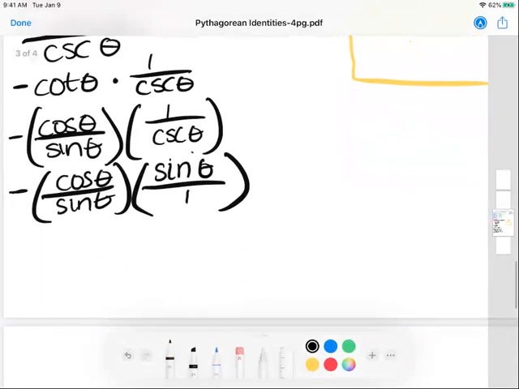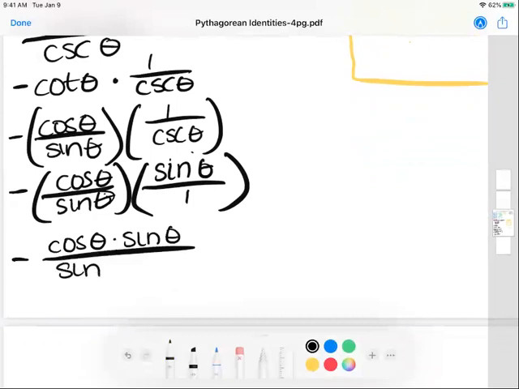Okay, now I think we're good to go. I can multiply the numerators now. So I have negative cosine theta times sine of theta over sine of theta times 1, which I don't need to list. All right, so now my sines divide out. Sine divided by sine is just 1, leaving me with negative cosine theta.